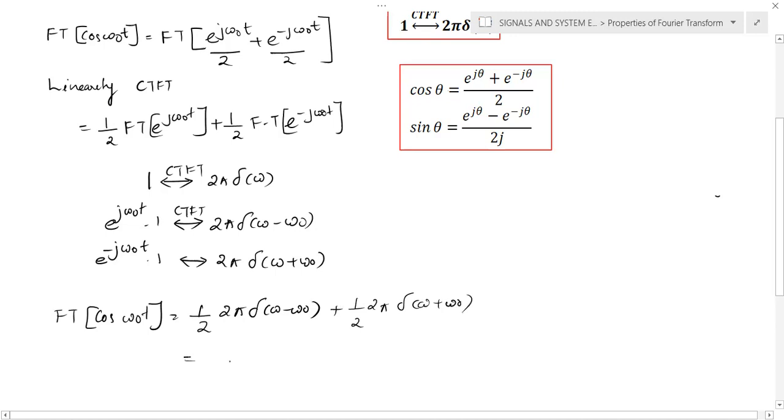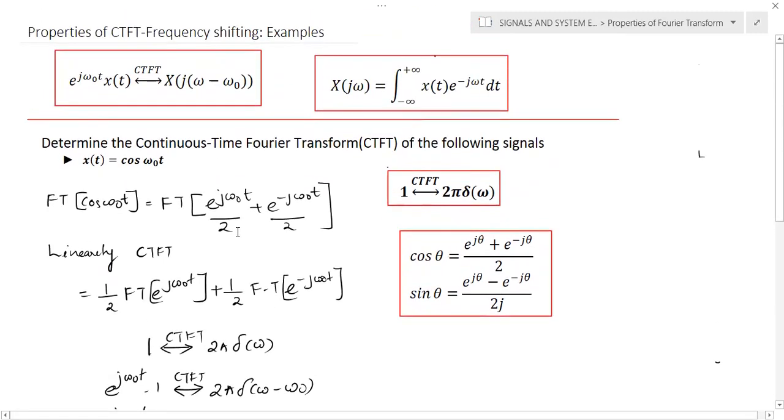If you combine this, it becomes pi into del of omega minus omega 0 plus del of omega plus omega 0. It's a very interesting result because we are finding the transform of a cosine waveform.